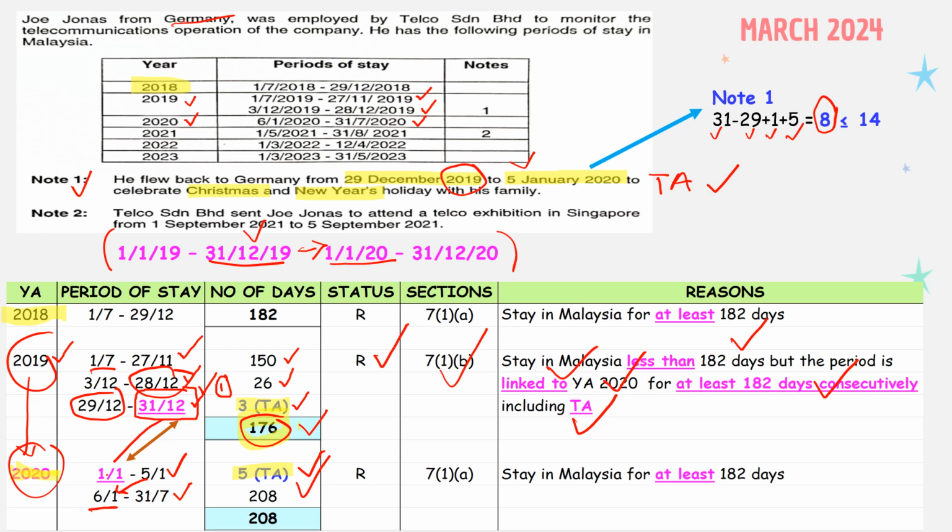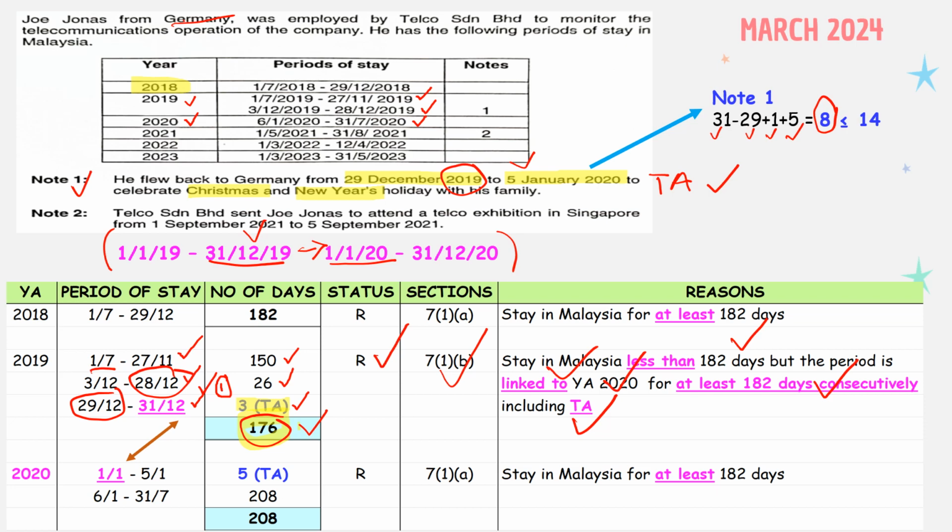Okay, guys, let's continue with YA 2020 and total up. Remember, what are we doing right now? No more B. B is done for 2019. We are going to start fresh again. Let's total up the number of days. Be careful: when you total up the number of days, do not add TA.